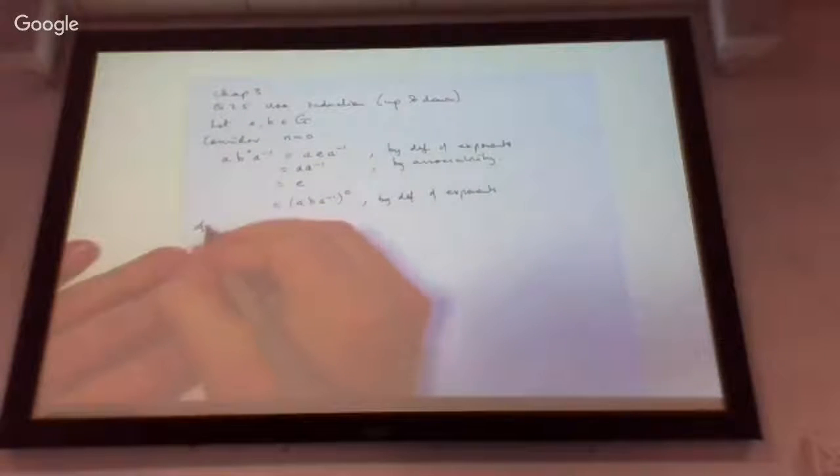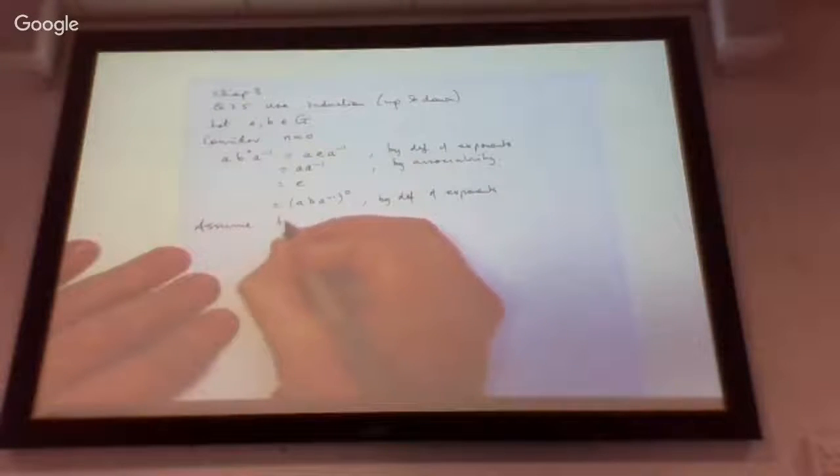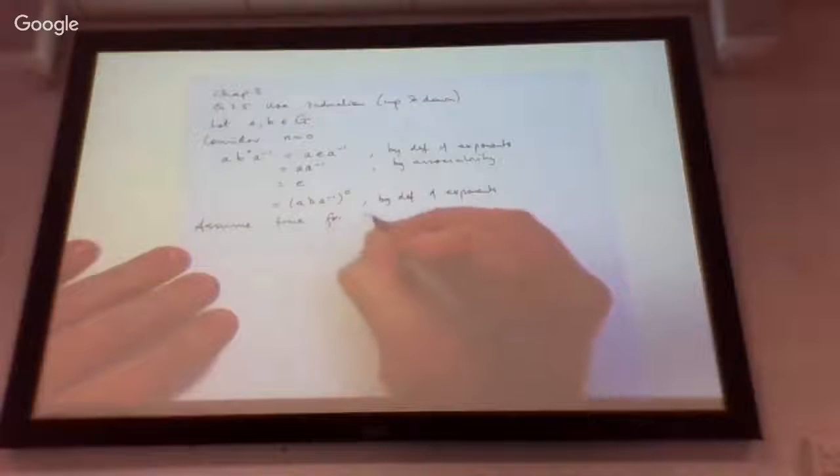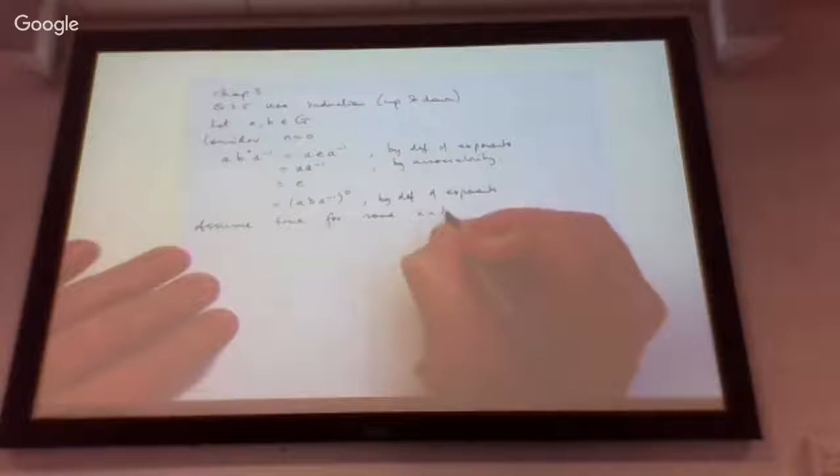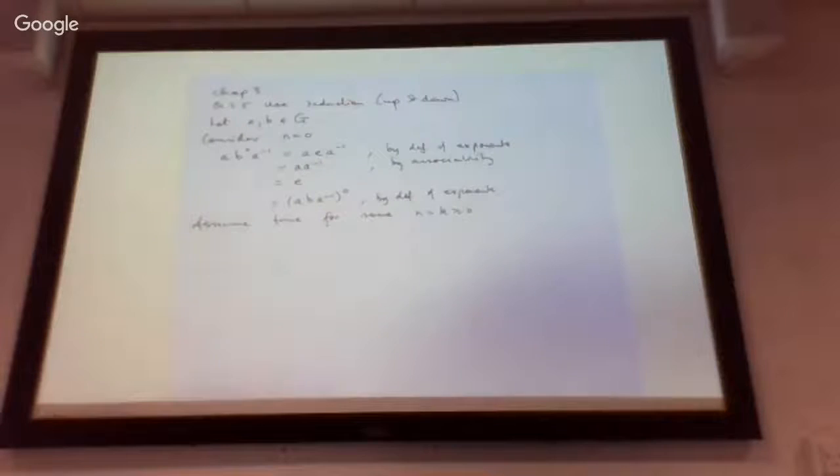So assume true for some n equal to k, to make this an intermediate step on the positive side of 0. We'll now try and get it.